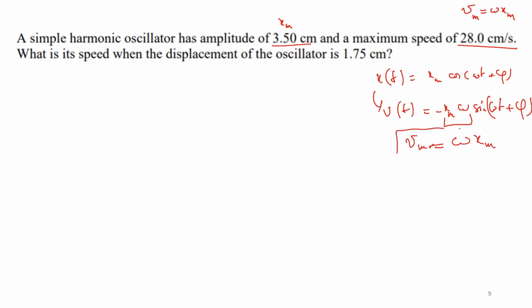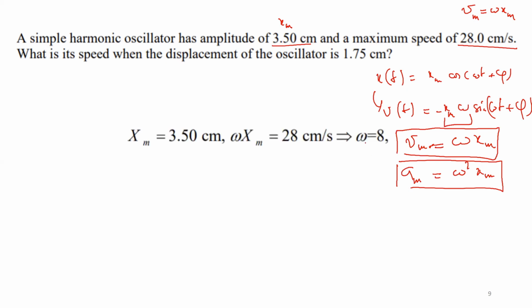I already talked about it in class many times. I think it's not in your formula sheet, but you know it. Of course, the magnitude of the acceleration, or let's say the amplitude of the acceleration, will be what? Omega square x max, and this you should know as well. So here in a sense, I gave you x max and v max, so I gave you omega.